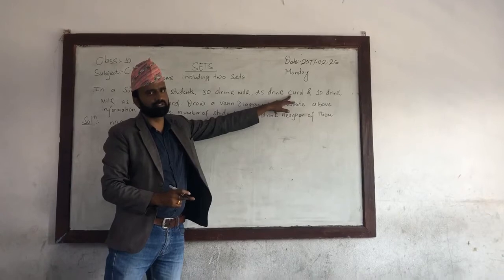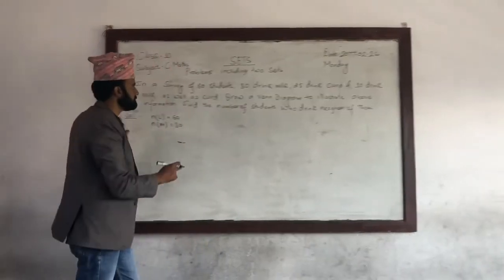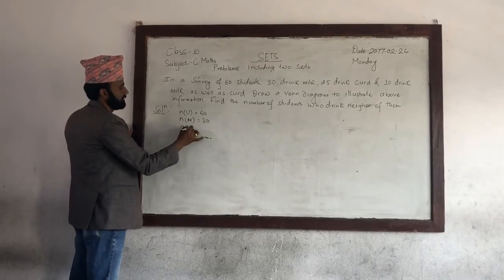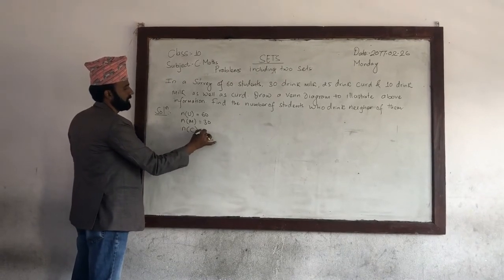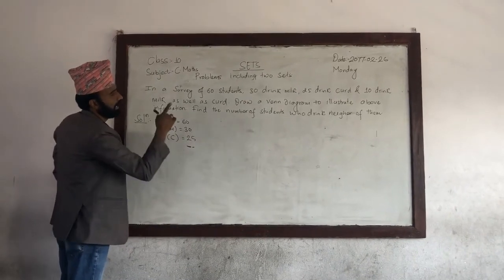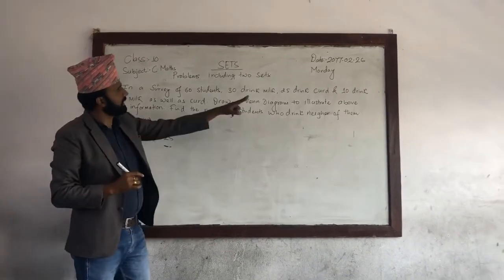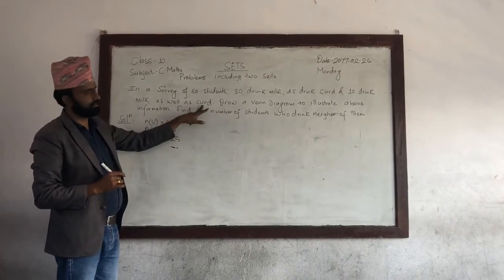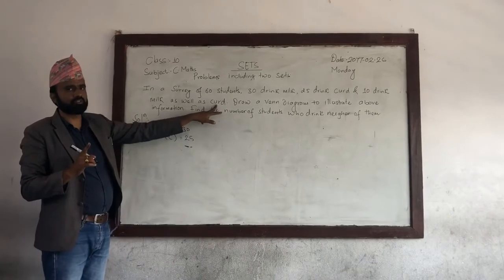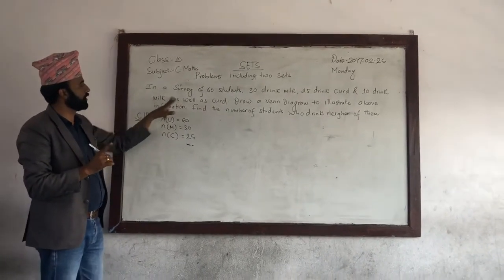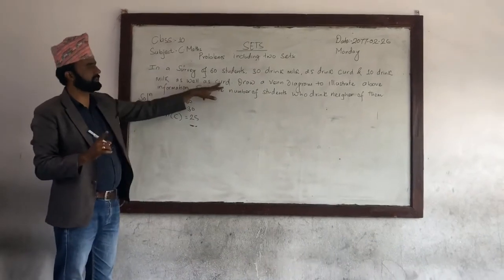And C stands for curd. Who like to drink curd? Then there are 25 students. The number of students who like to drink curd is 25, and 10 drink milk as well as curd. The number 10, they like to drink both milk and curd.